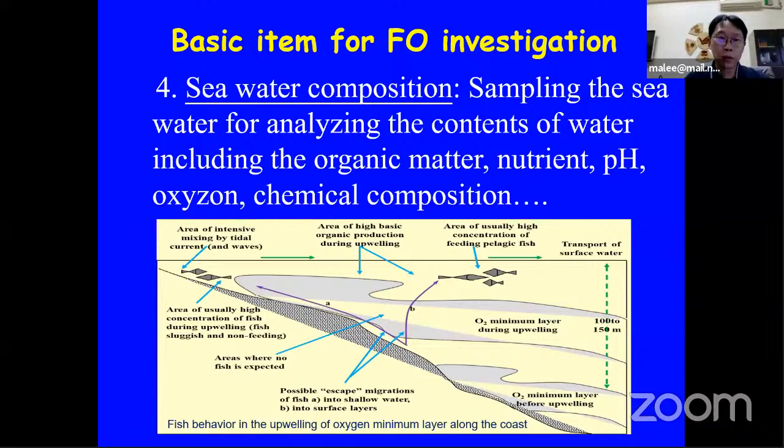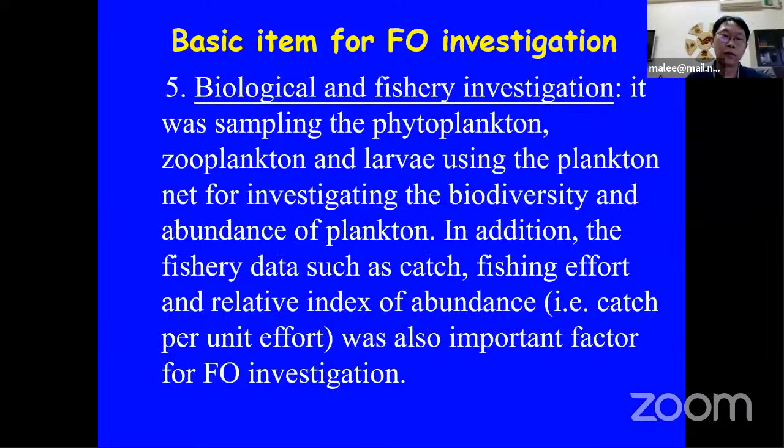And the last, the fifth part, is to collect the biological and the fisheries data, and it maybe includes how to sample the phytoplankton and the zooplankton or fish larvae, something like that. They can use the plankton net to try to understand the biodiversity or the biomass or the abundance of plankton.